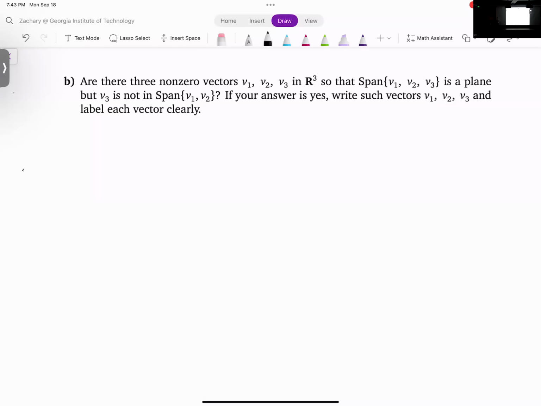It means it adds some new information, nothing you could have gotten from the columns before. So we need a total of 2 pivots. And if V3 is not in the span of V1 and V2, where does that mean one of the pivots has to lie?